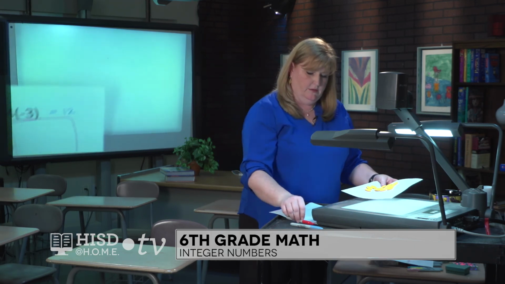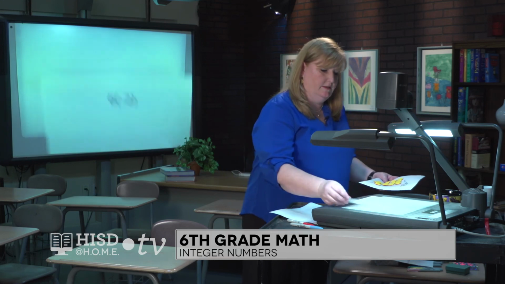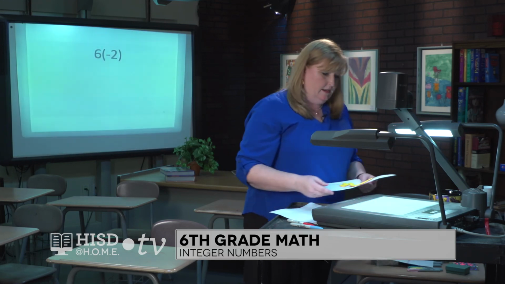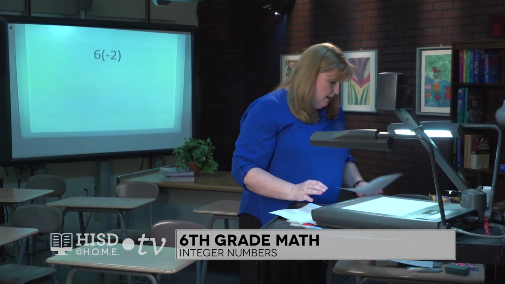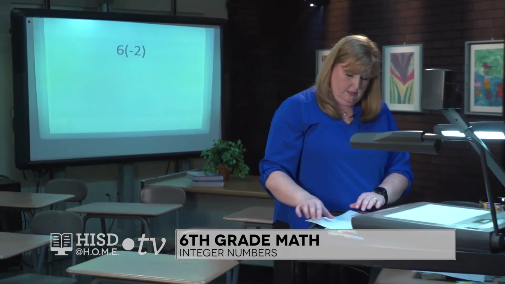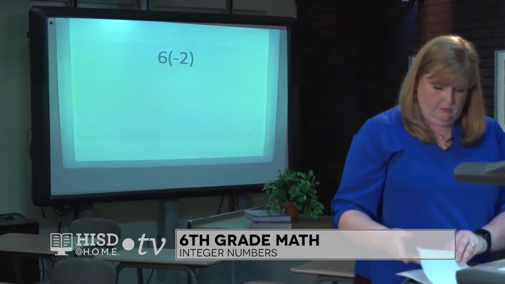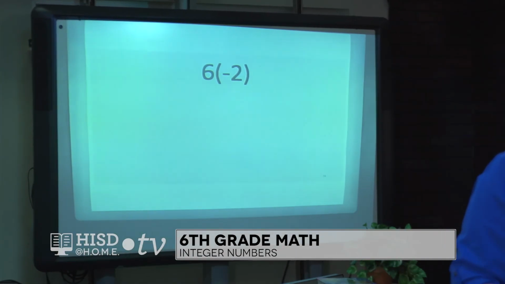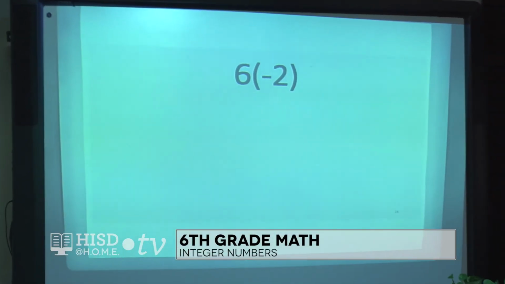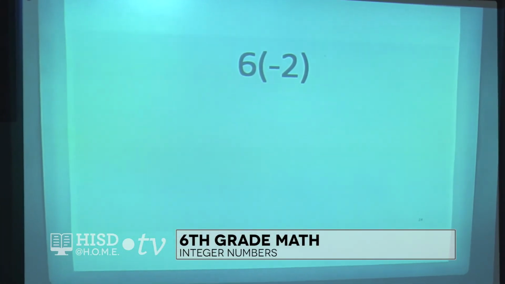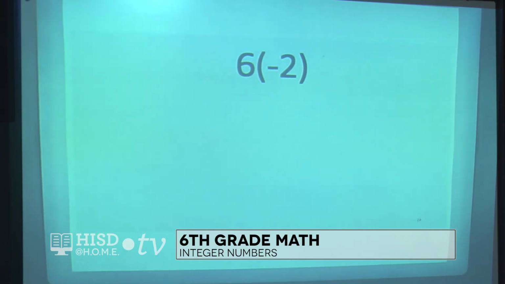So here we go. Hope you got your color counters ready. I've got 6 times negative 2. And so what that means is 6 groups of negative 2. Now, before we start using our color counters, I saw you. You were already trying to do it. Hold on just a second. I want you to notice and wonder about the signs.